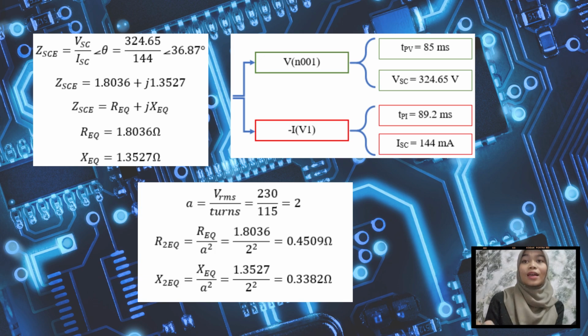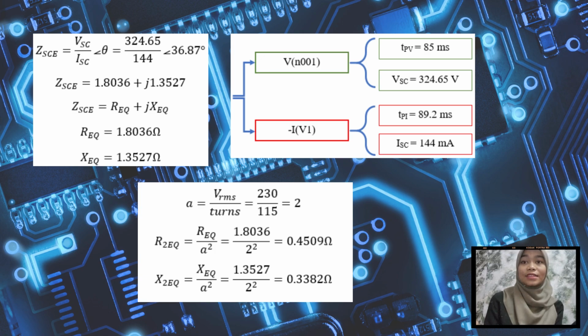To calculate the secondary equivalent resistance and reactance, we need to find a, which is a equal to VRMS divided by turns, equal to 230 divided by 115. We get a value of 2.